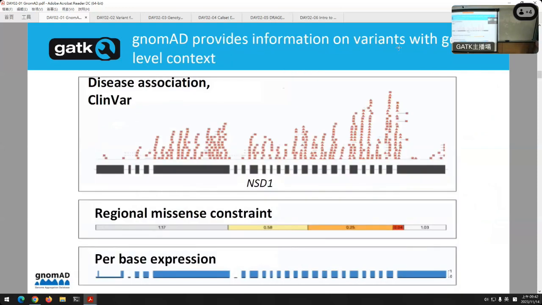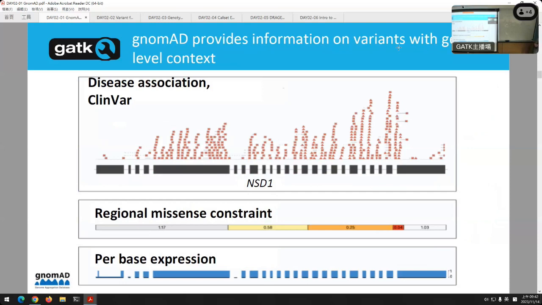The gnomAD browser includes all sorts of information, both from gnomAD itself and from outside resources. It's all aggregated in one place, so you can get a full picture of what's going on in the genome at that region. Some of the things that you'll see include variants that have been reported to be associated with disease in the ClinVar database.